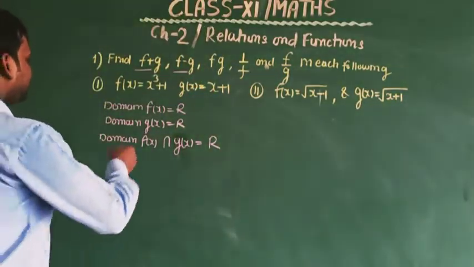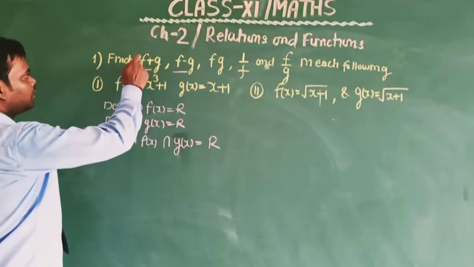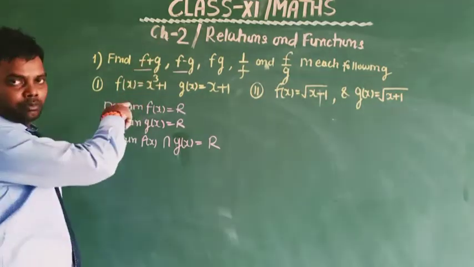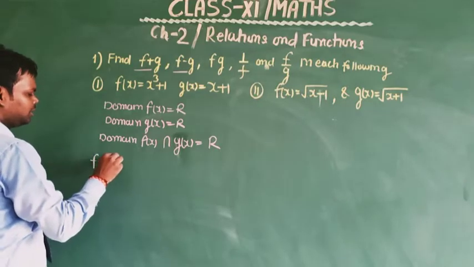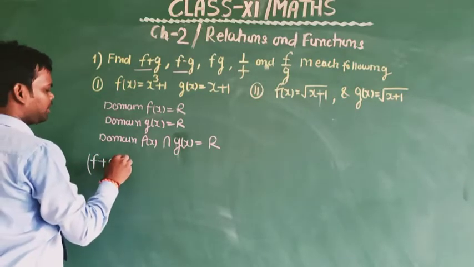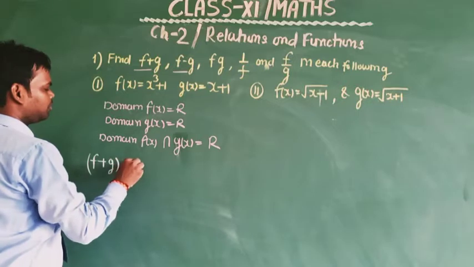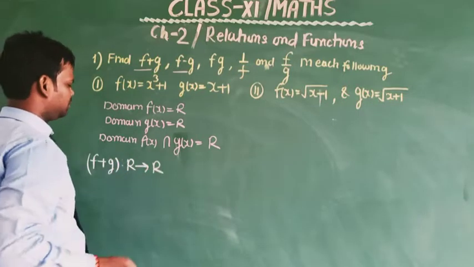So we can say, for f plus g, which we have to find, the sum of two functions is defined from real numbers to real numbers.